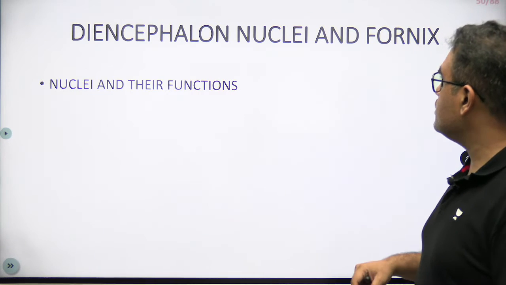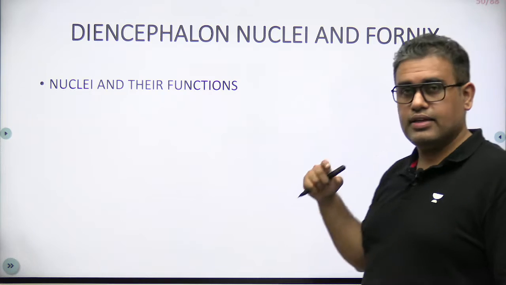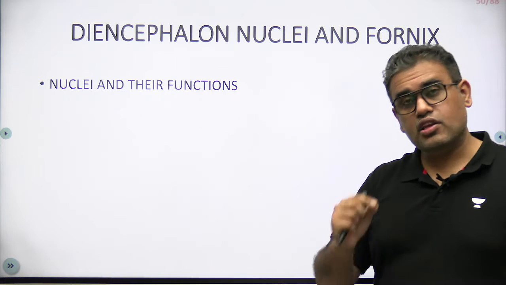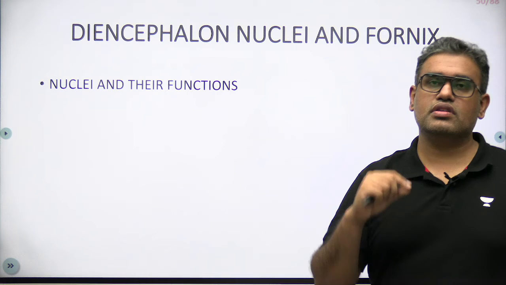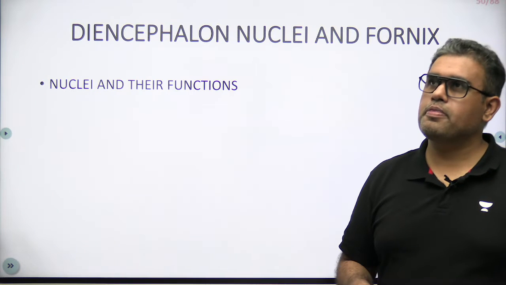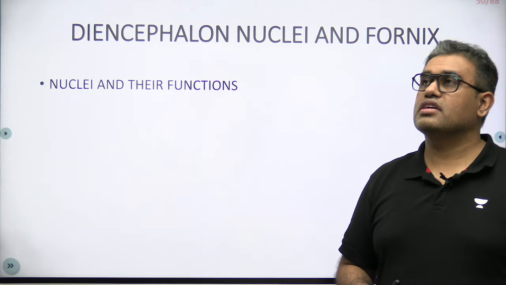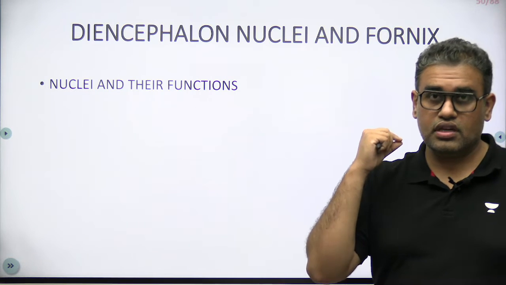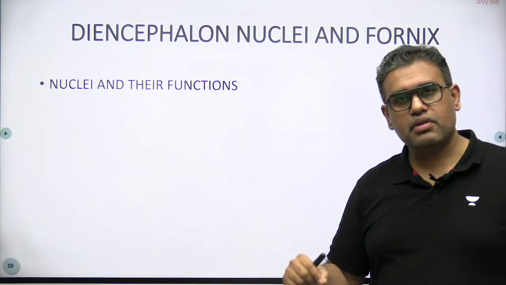Then diencephalon, nuclei and so on. Diencephalon includes the thalamus and the hypothalamus parts. The nuclei are very important, not all, but important ones. Let me give you a rough idea. In hypothalamus, around 7-8 nuclei you should know, their function, their names, and the same number in thalamus also.